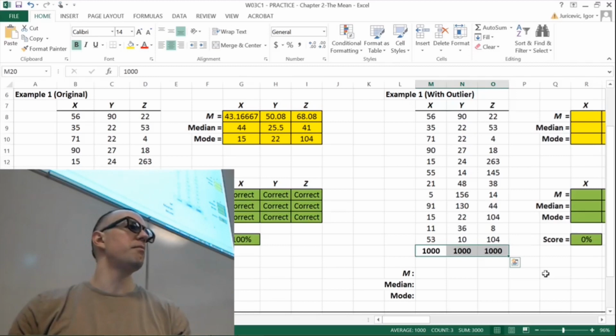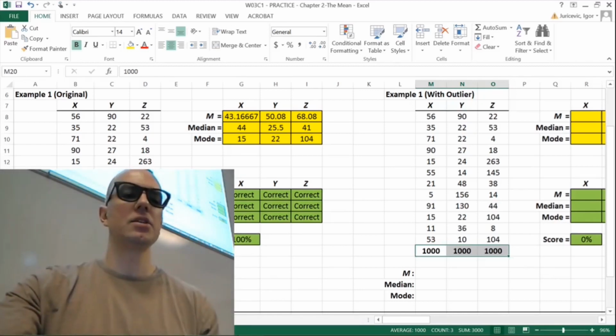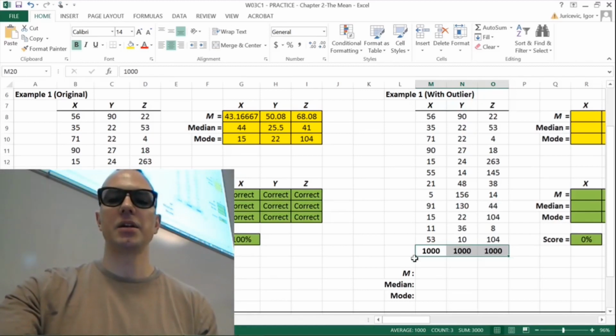So in terms of math, maxed out the scale, scored 1,000. In terms of musical ability, maxed out the scale, scored 1,000. In terms of athletic ability, maxed out the scale, scored 1,000. Massive outlier. Let's see what it does to our mean, median, and mode.